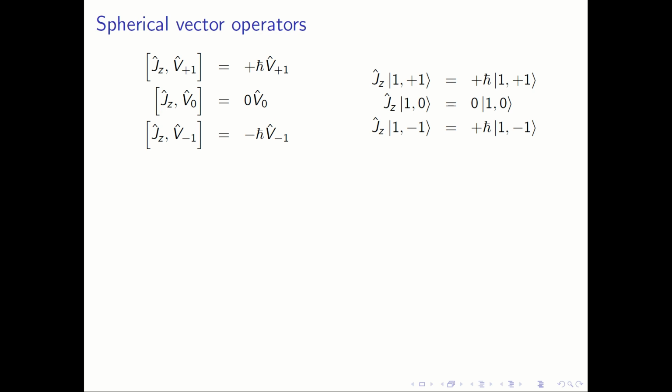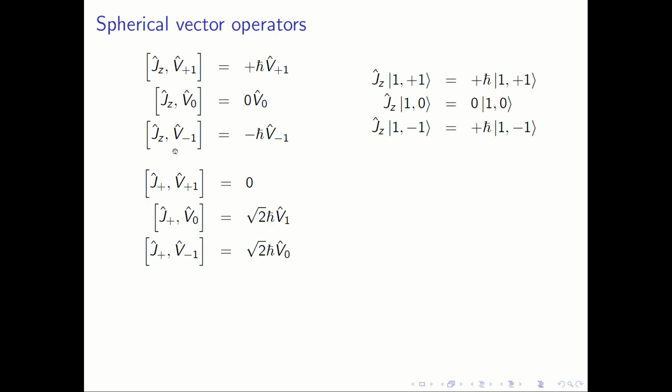Then the similarity gets even more striking. Look at what happens when the J plus commutator is taken with V plus, V0 and V minus. Now this is a calculation that you should definitely do yourself. Calculate these commutators, you will find that the results are these. And if you remember your j equal to 1 theory, the theory of spin j equal to 1, this should immediately look very similar.